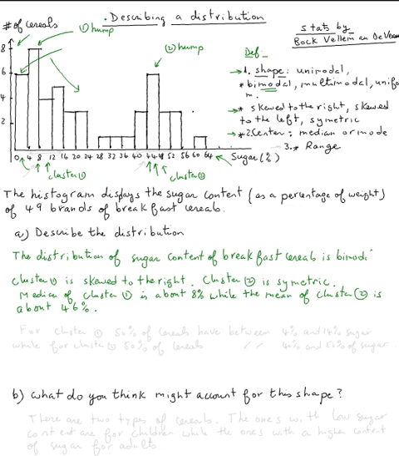And last, we need to talk about the range. We can talk about the IQR, or where most of the cereals fall. So let's talk about the IQR, the middle 50%. If you look at the graph, you just estimate, it doesn't have to be perfect.